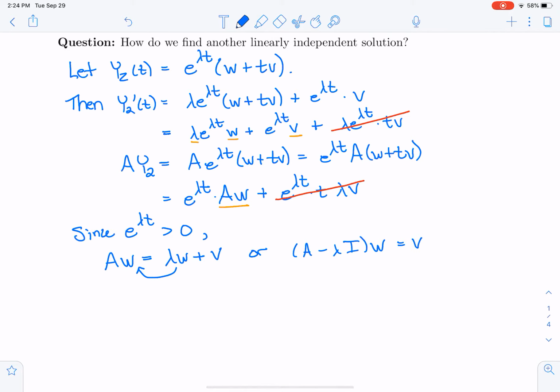Equals v. And so what we have here is something that looks similar to the problem that we had to solve when we were finding eigenvectors. When we were finding eigenvectors, we had to solve a minus lambda I times v equals 0. But instead, now we have a minus lambda I times w equals our eigenvector v.